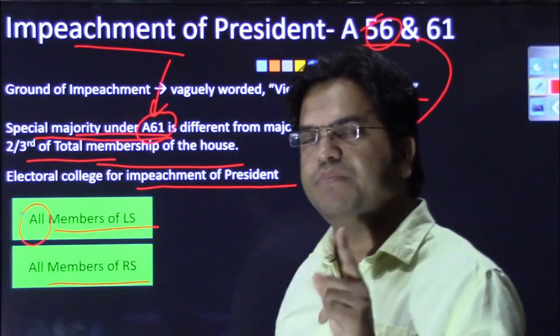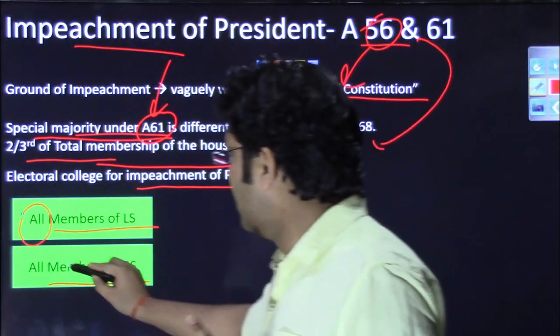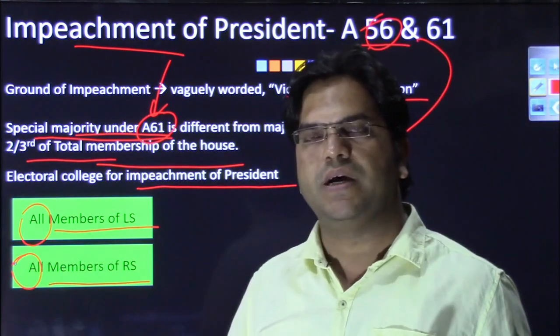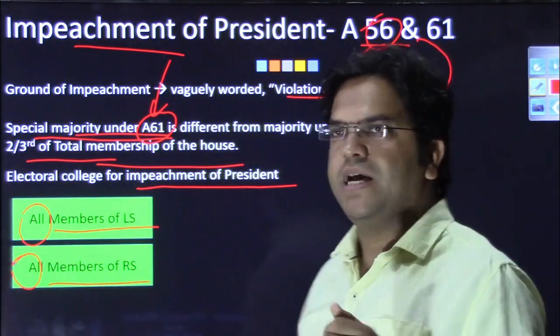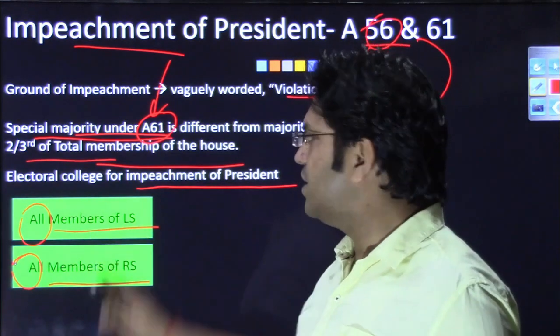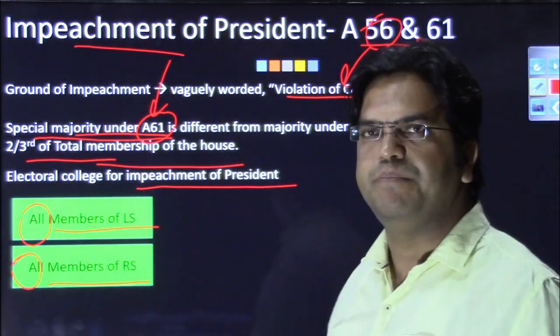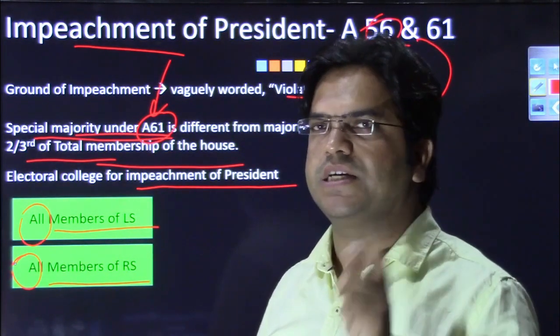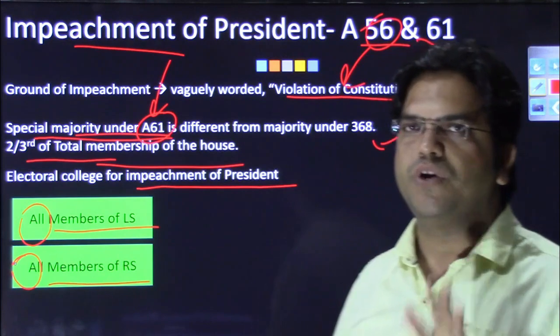Only elected members of the Lok Sabha and elected members of the Rajya Sabha were participating. But here all members of Lok Sabha and Rajya Sabha can participate, and the logic is that the conflict of interest, if nominated members participate, the factor that was coming in the election, that conflict of interest won't come here.